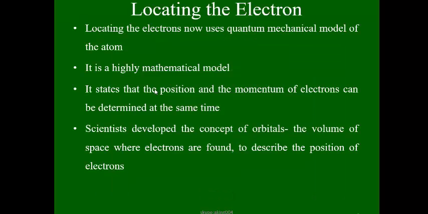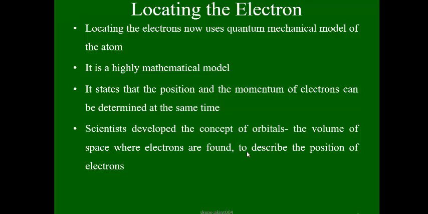So a quantum mechanical model is now used to describe the location of electrons. This quantum model is highly mathematical, although we are not interested in the details of the mathematics involved. It states the position and momentum of the electrons. It is also called the uncertainty principle.